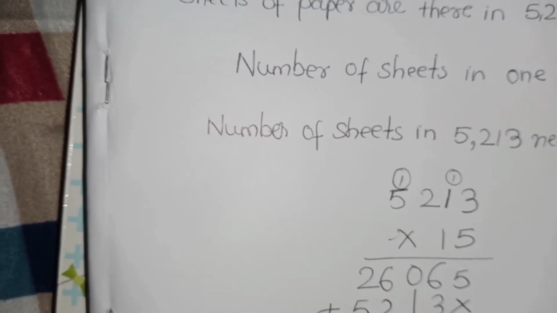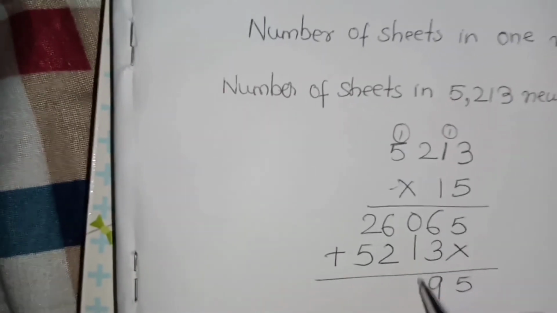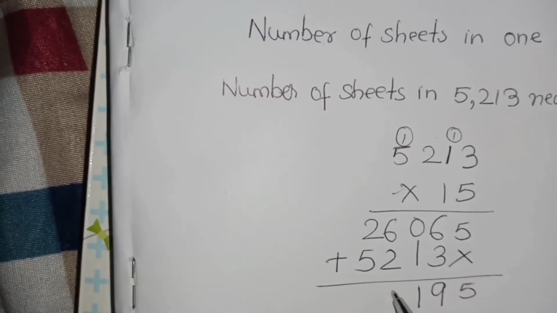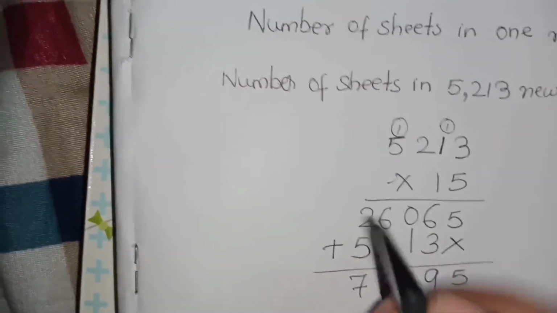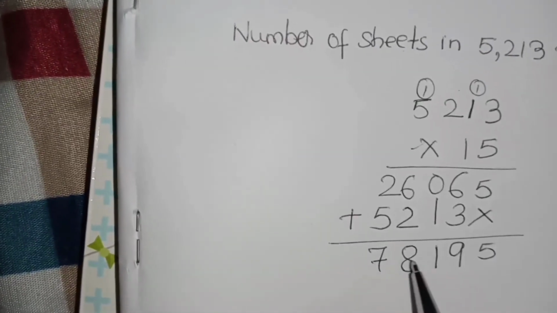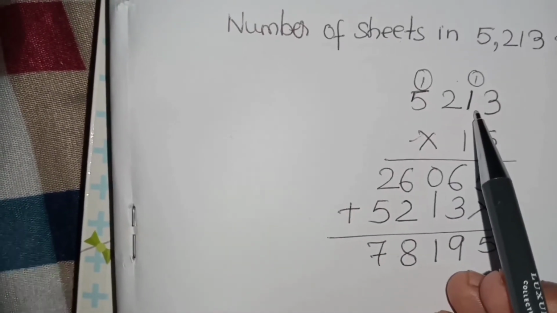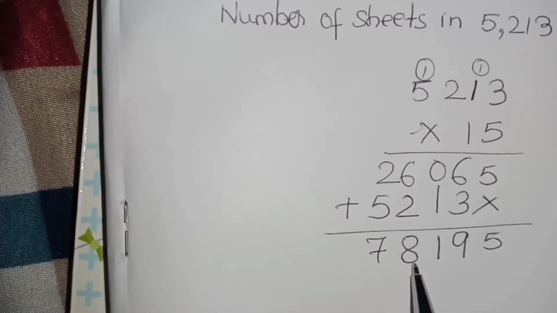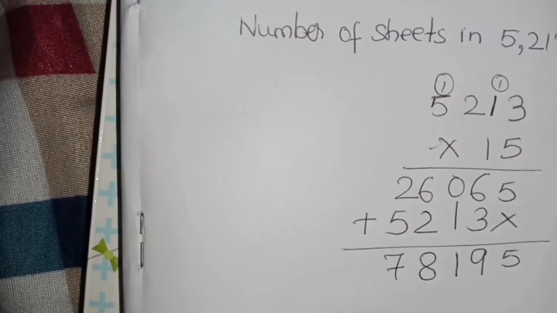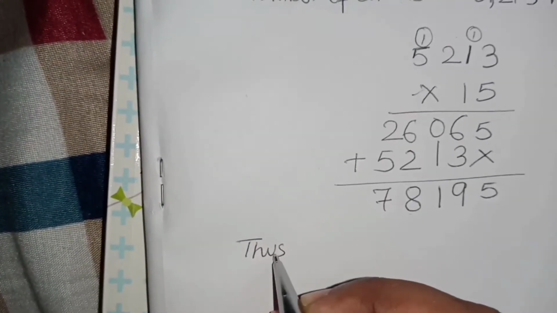Now add it. 5, 6 plus 3 is 9, 0 plus 1 is 1, 6 plus 2 is 8, 2 plus 5 is 7. So done. In 5213 newspapers, how many sheets of paper are there? 78,195.